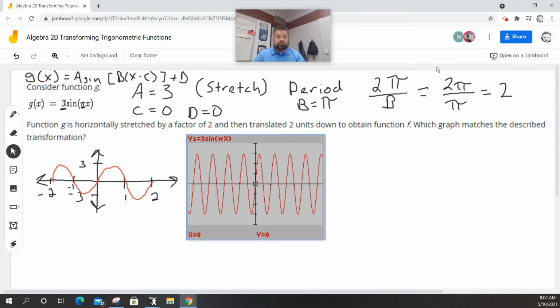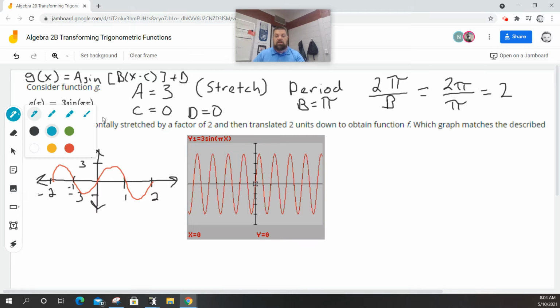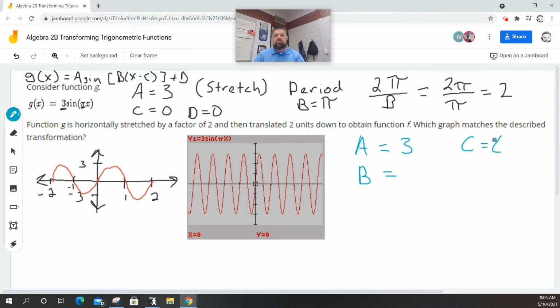What does that mean? Well, I know that a stays the same, which is 3. We've got to figure out what b is. There's no horizontal shifting, so c still stays 0.